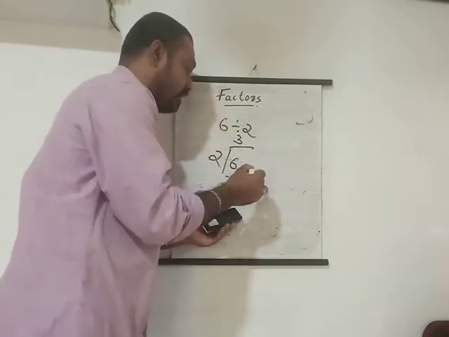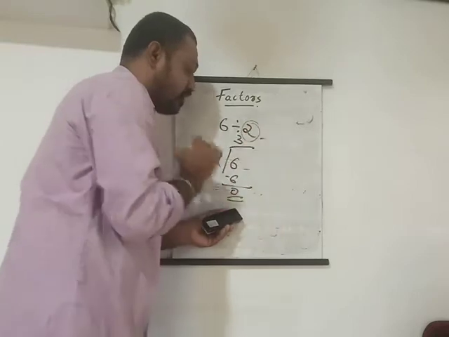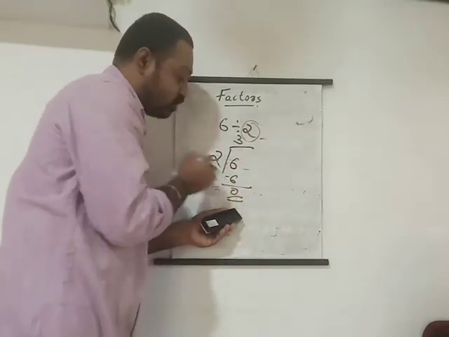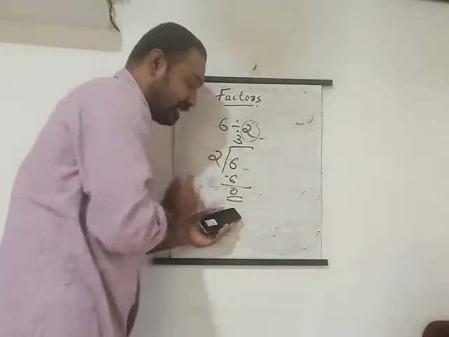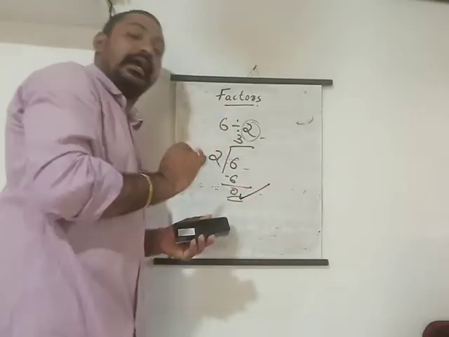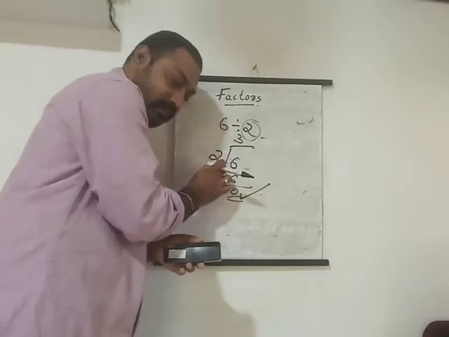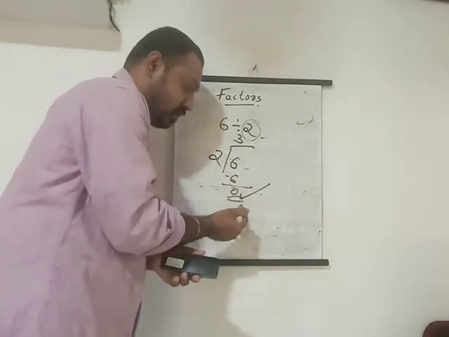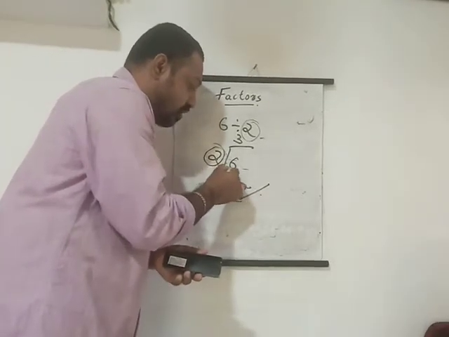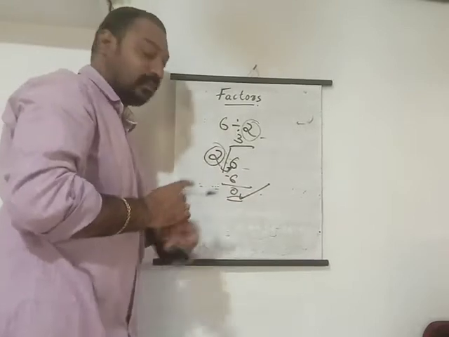Here also we can see that 2 is a factor of 6, because when we divide 6 by 2, you will get a remainder 0. When we divide a number with another number, if it gets remainder 0, then this number is a factor of that number. Understand?